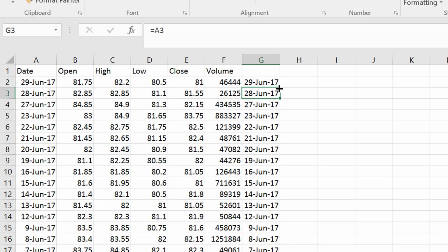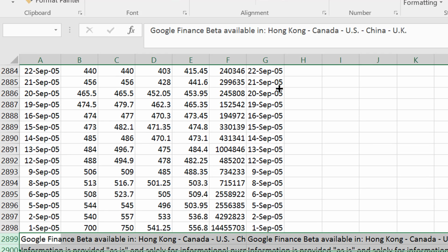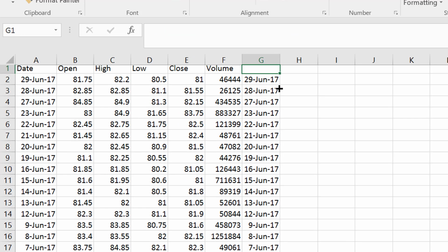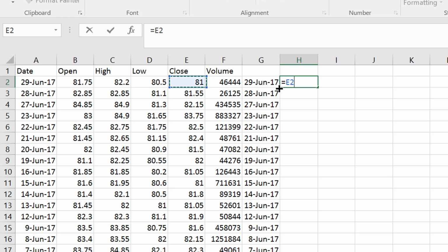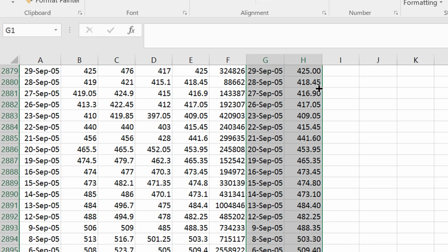But alas, don't worry too much about the going backwards. Let's get rid of this at the bottom for a minute. And then we put the closing price. Yes, closing. We can then get a graph of our price.